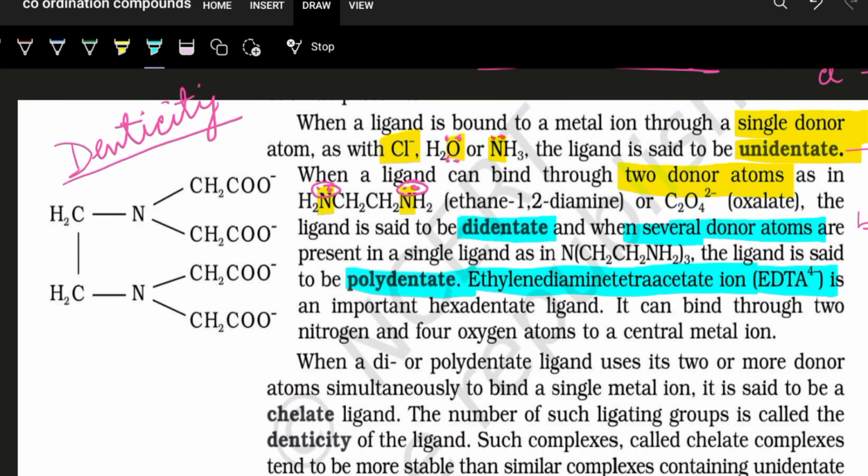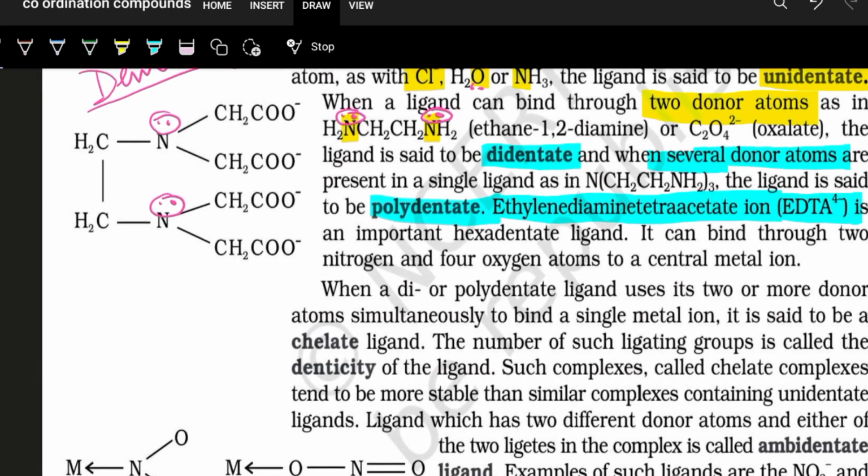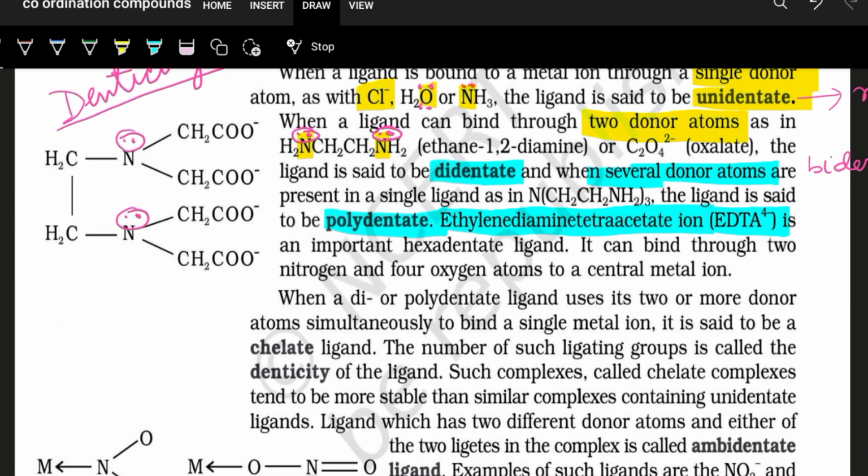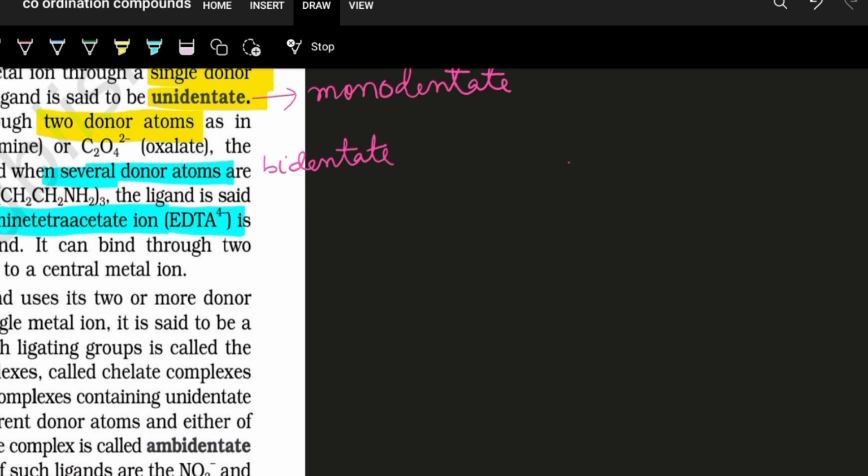This is the structure. You can see nitrogen has a lone pair. Nitrogen has a lone pair above it, so we will make the lone pair over here. And ethylene diamine tetraacetate, how is the structure drawn, let us see. Ethylene diamine is NH2, CH2, CH2, NH2, which we have said is ethylene diamine or ethane-1,2-diamine.